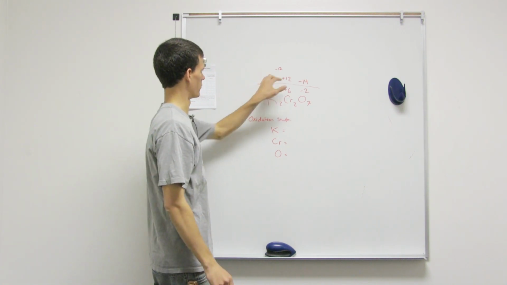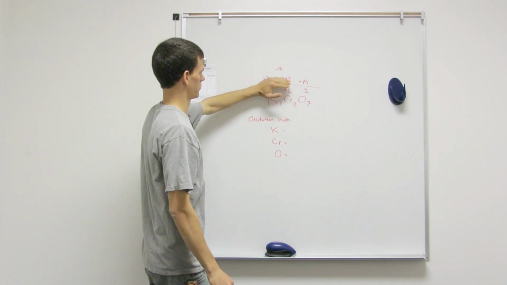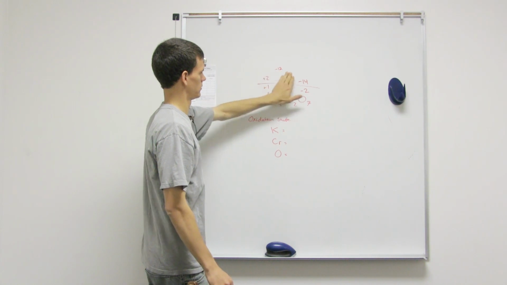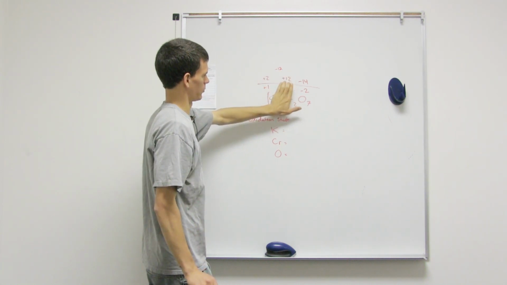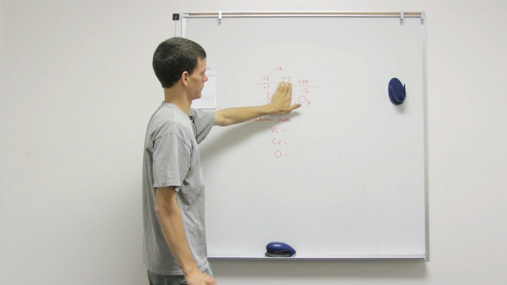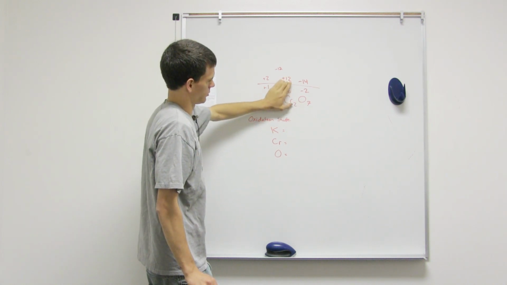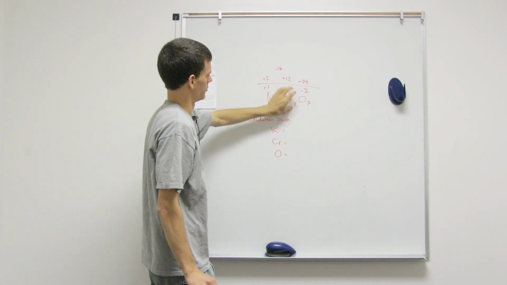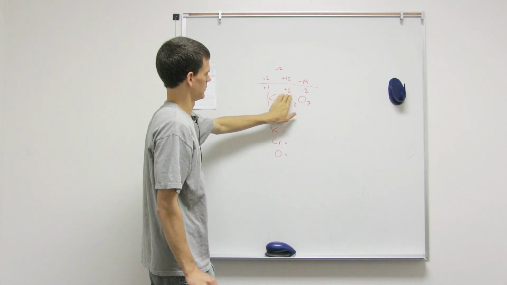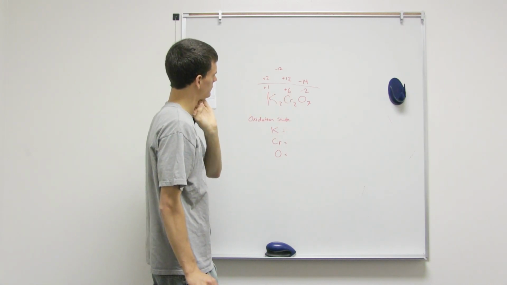So you need a +12 to balance everything. And since there's 2 of them, it's 12 divided by 2, or +6. Oh, okay, got it.